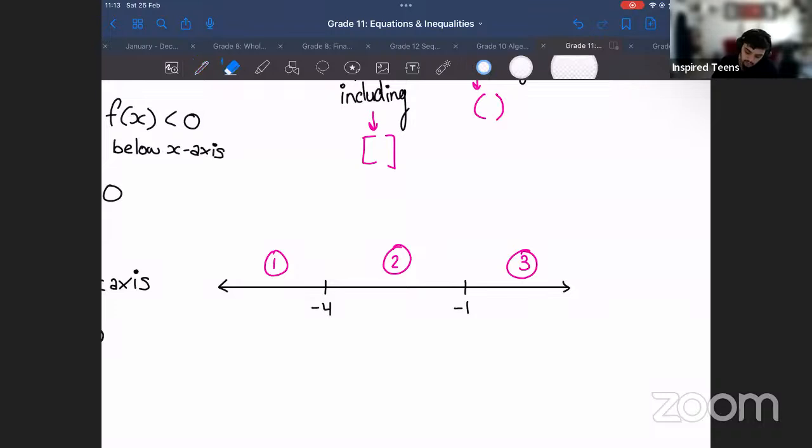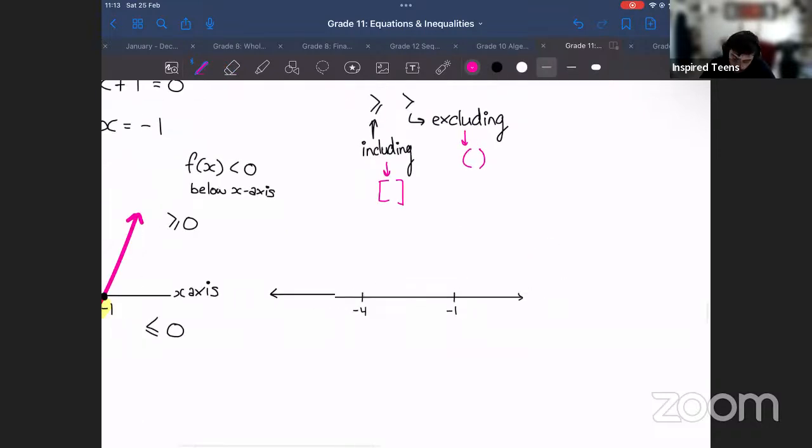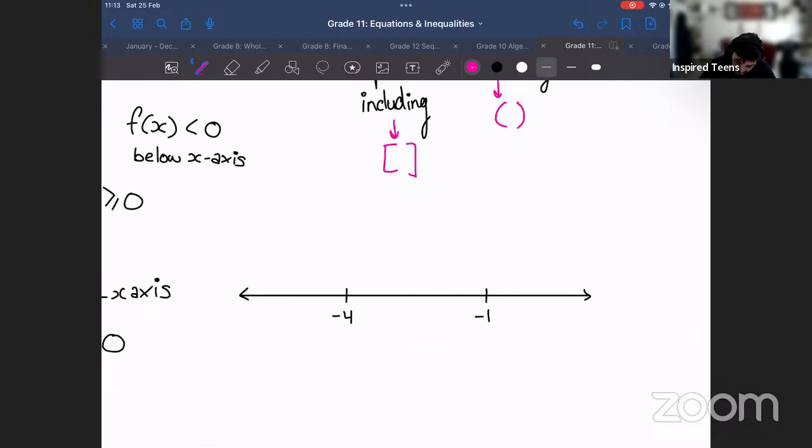So basically now, you'll see it's similar to parabola. I need to identify each segment. Is it positive or negative? What do I mean by is it positive or negative? How do I determine a positive or negative sign in each segment? The way we do that is we take a number that exists on this part of the number line. So for example, before -4, I could use -5.